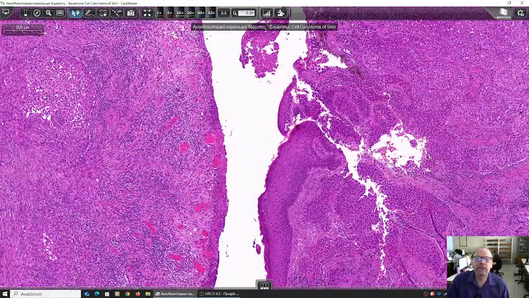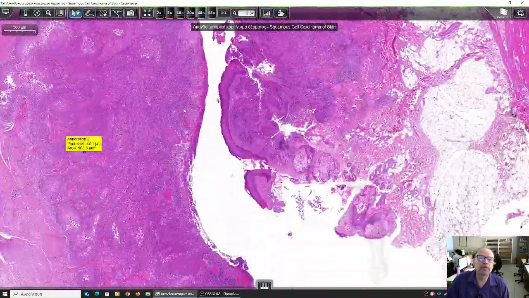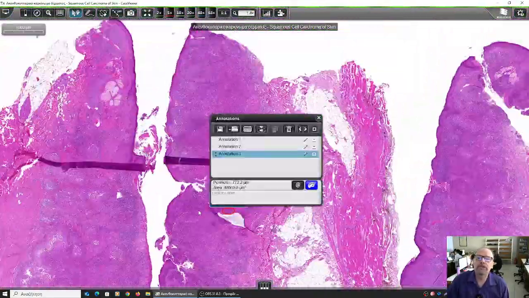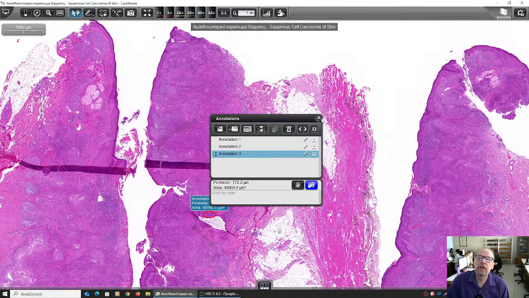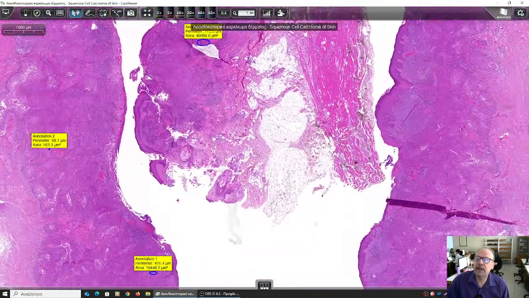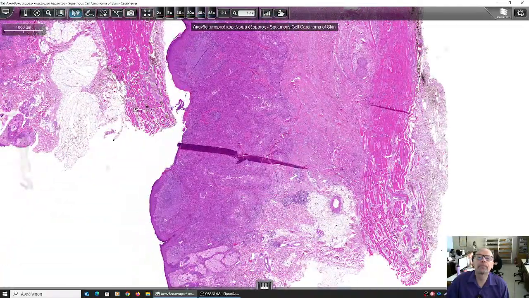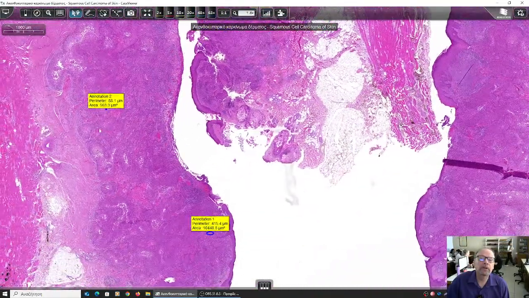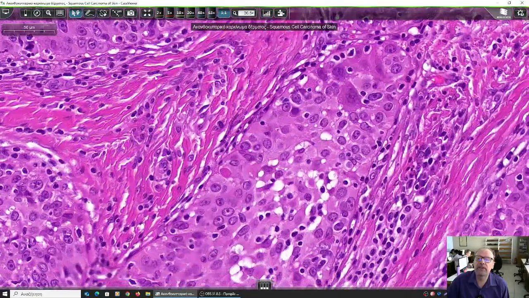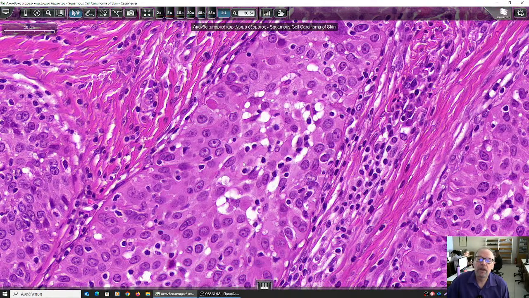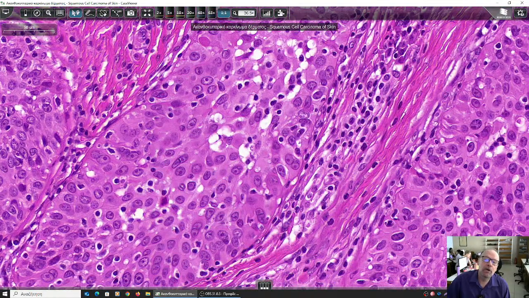So let's see downwards. So what is here? Now, we have cells growing downwards, and we'll try to see the features of these cells. Now, you see in these projections that the cells are atypical because the nucleoli in their nuclei are quite prominent.